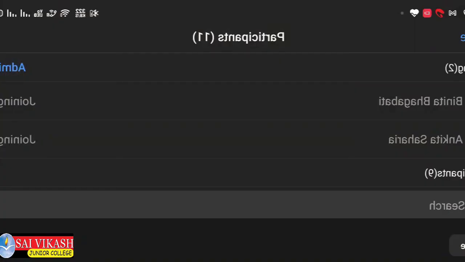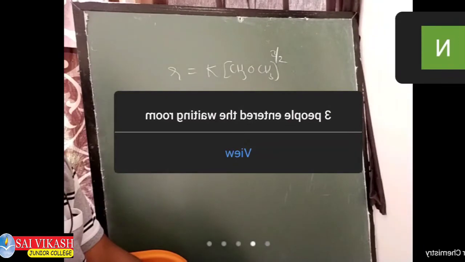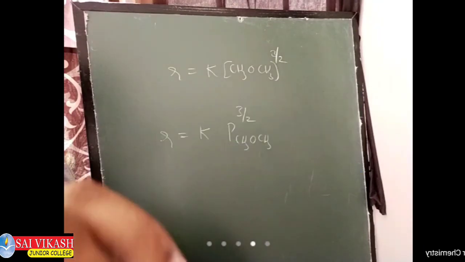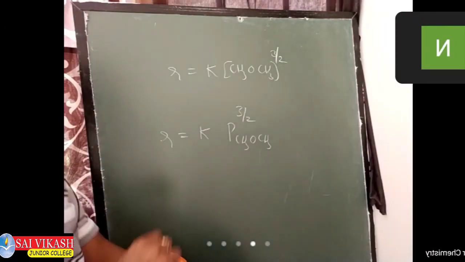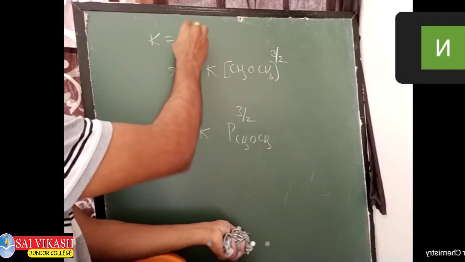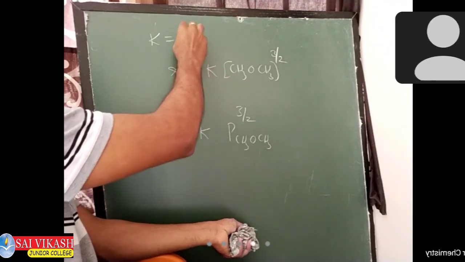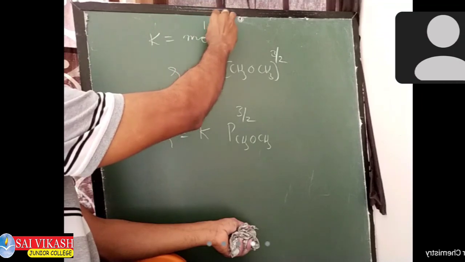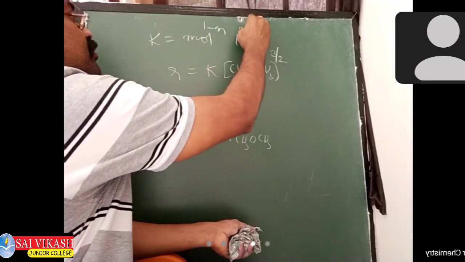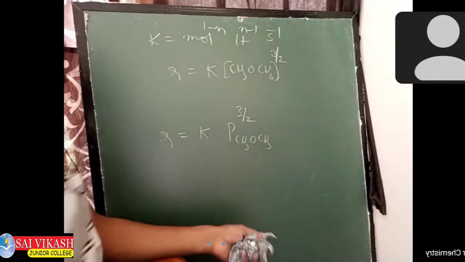He is asking that. So see, the unit of K I told you already, for an nth order reaction. K equal to what, in terms of concentrations? Mole power 1 minus n, liter power n minus 1, second inverse.